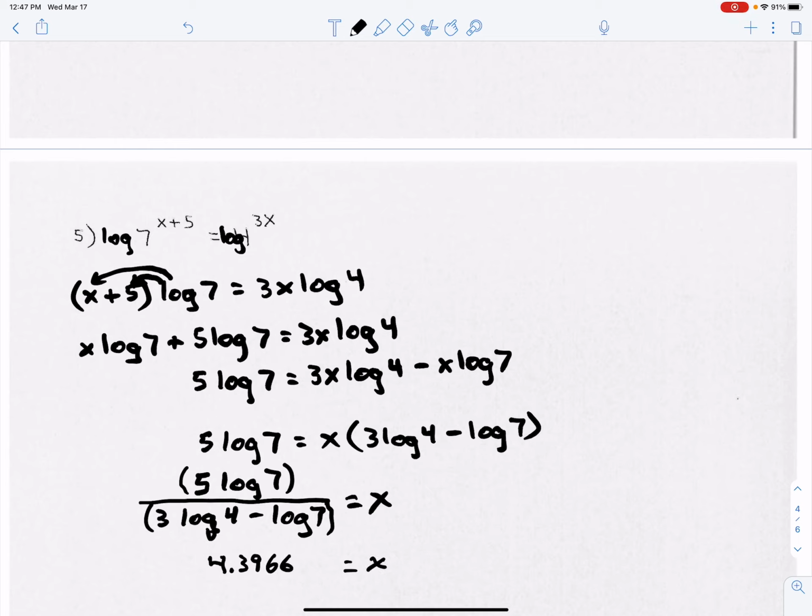Okay? It's actually 4.396597, et cetera, but if you round off to 4 decimal places, the 5 rounds up to a 6.